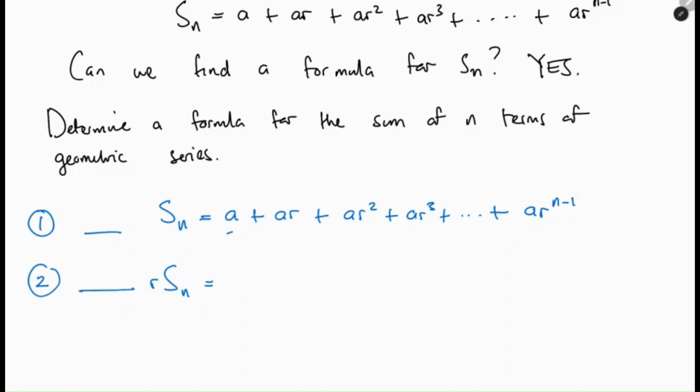So a multiplied by r, I'm going to get ar. ar multiplied by r will give me ar squared, right? ar squared multiplied by r will give me ar cubed. ar cubed multiplied by r will give me ar to the 4, all the way up to ar to the n minus 1 multiplied by r, which will give me ar to the n.